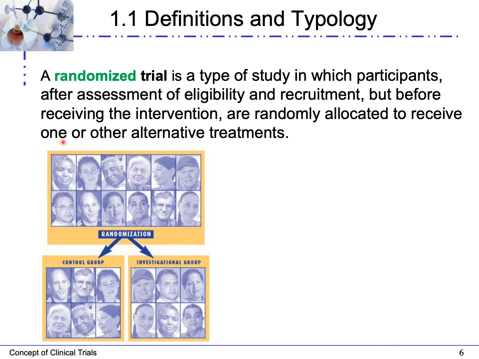What it means is that from the set of individuals who are willing to participate in a research study, after they have provided their consent to participate in the trial, they will be randomly allocated to one of the study groups. In this case, here in the illustration, you have two study groups, one set of patients receiving the control, being a placebo or a standard of care, and the other one receiving the investigational product.